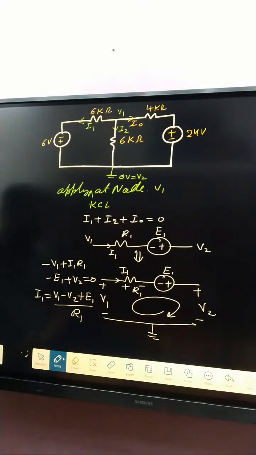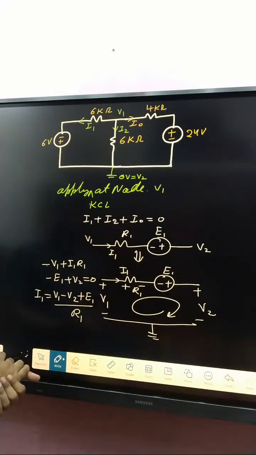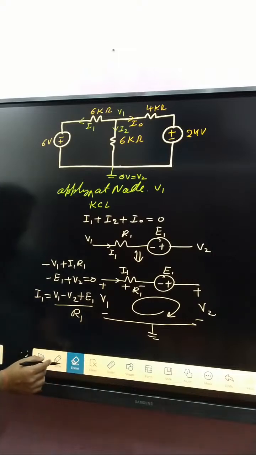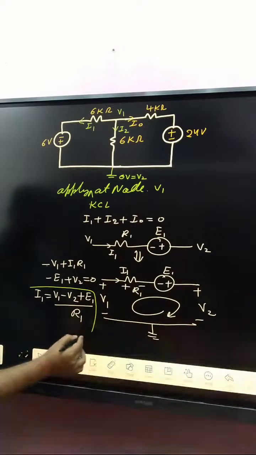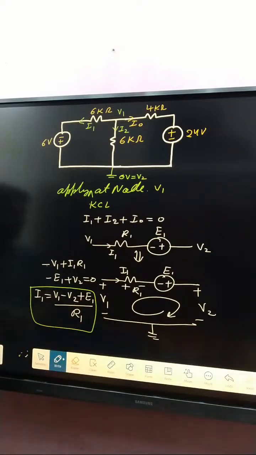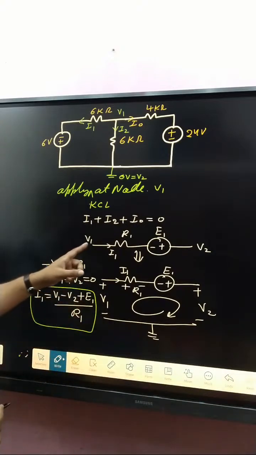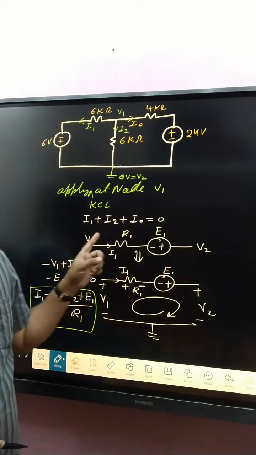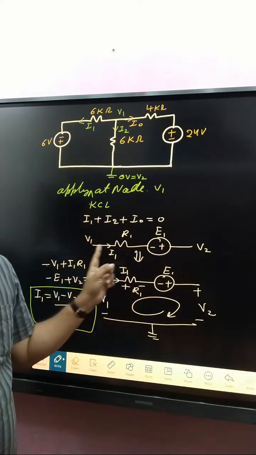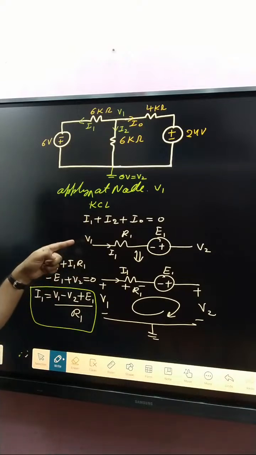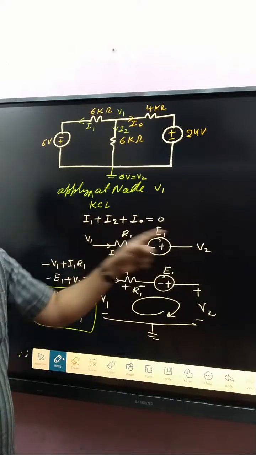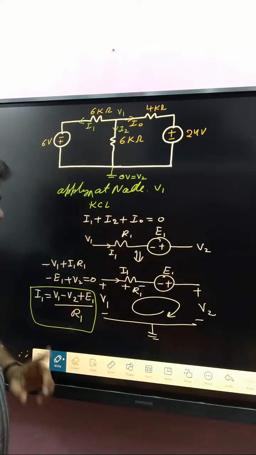How can we memorize that formula? Simply, from V1 to V2, it is initial minus final voltage.